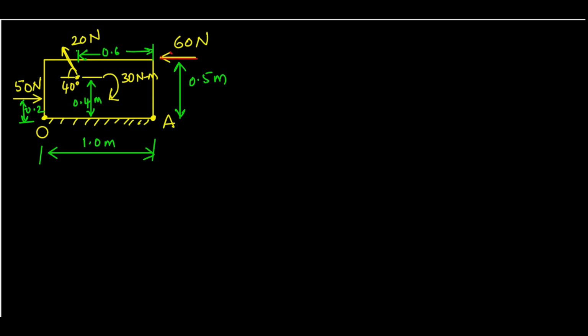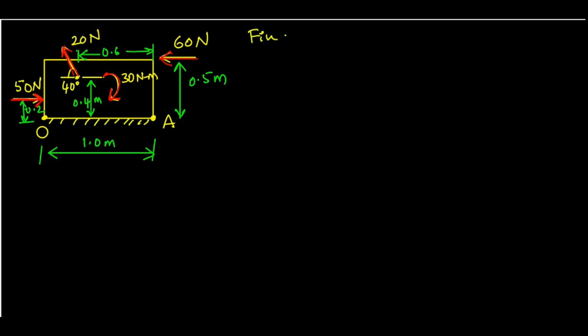So now in total we have one force, second force, third force, and we have a couple. There are a total of 3 forces and a couple acting on the system.